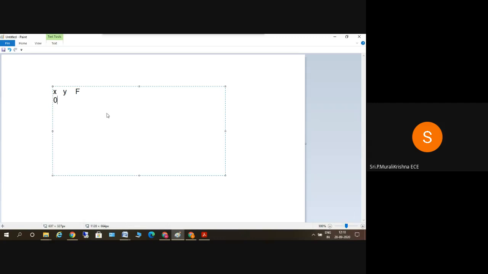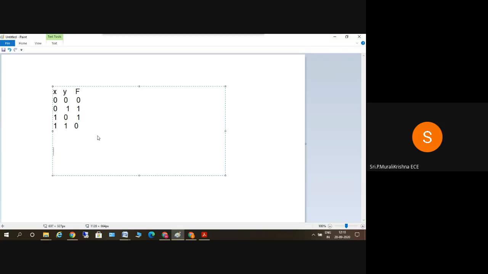The truth table will be like this: 0 0 0. Tell me the truth table of the XOR gate. 0 1 1, 1 0 1, and 1 1 0. So this is the truth table of the XOR gate.